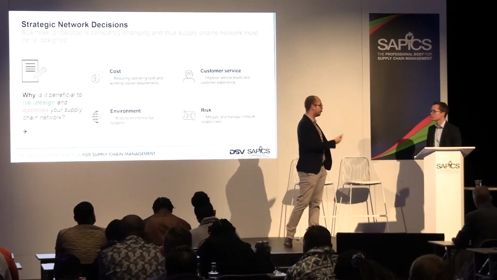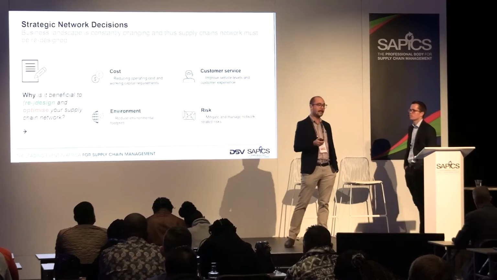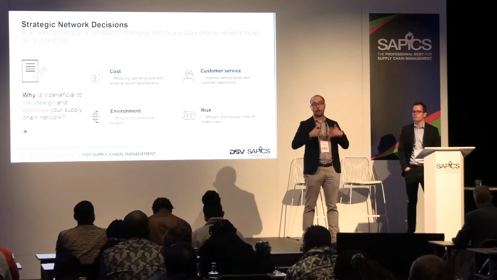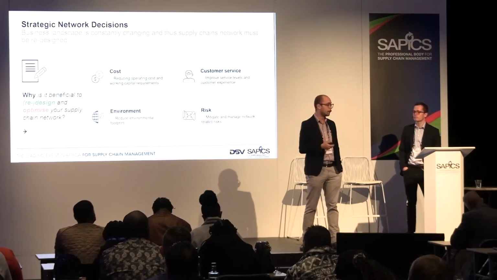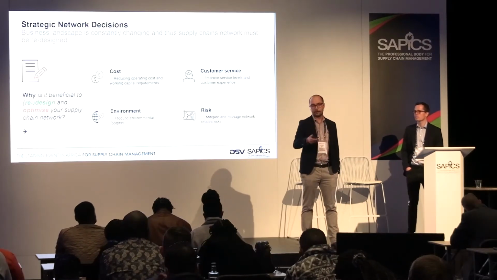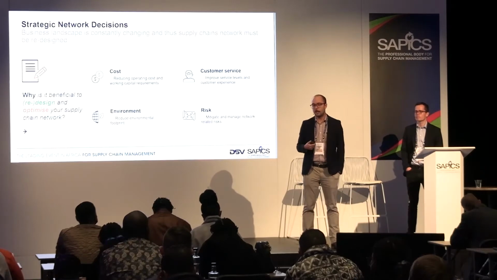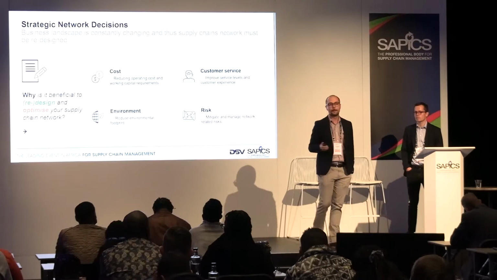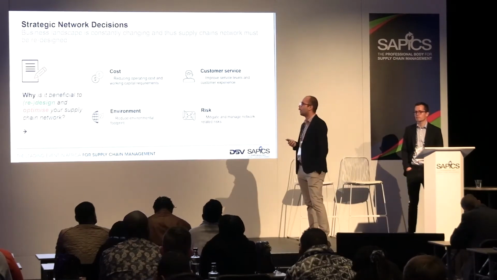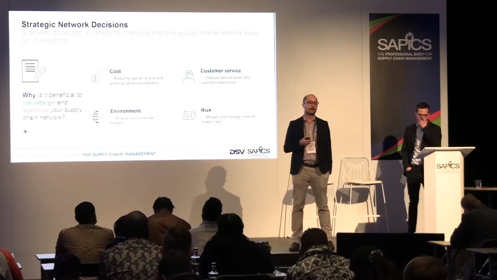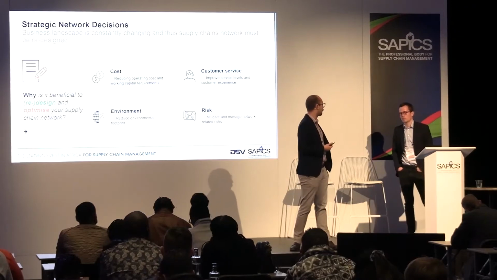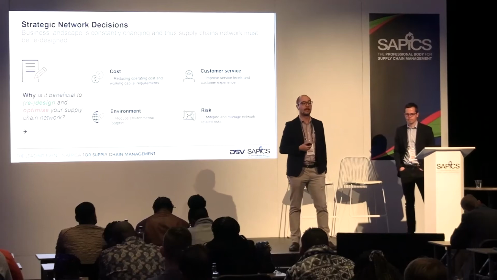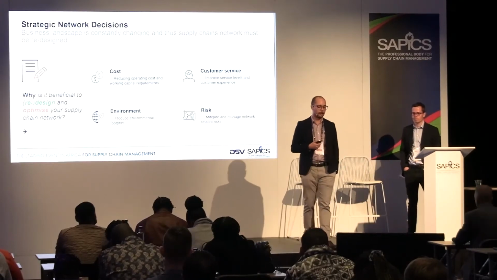We are, from a DSV perspective, increasingly under pressure from our customers, not only to report on the carbon footprint of our networks, but to actively involve the carbon footprint in our optimization strategies for our networks. It's becoming a key driver of network redesign and optimization. And I think that is something that's definitely going to keep happening, and it's going to become front and center in terms of network design and optimization.